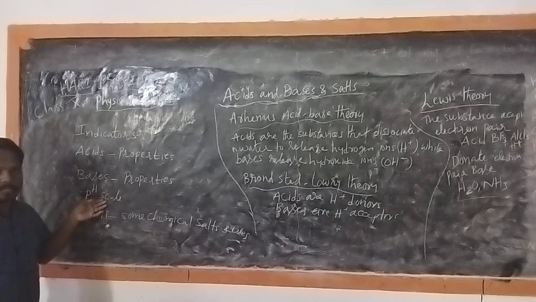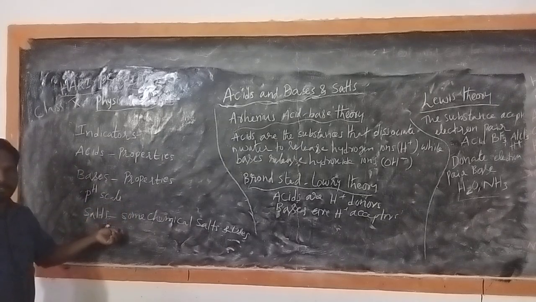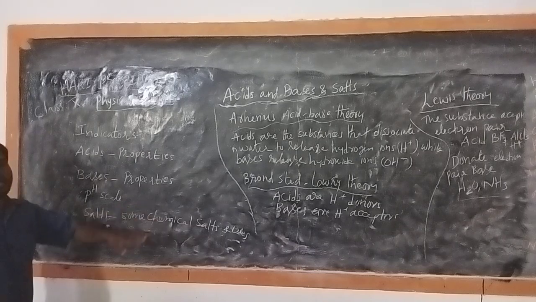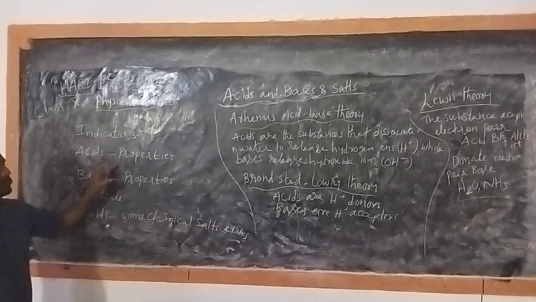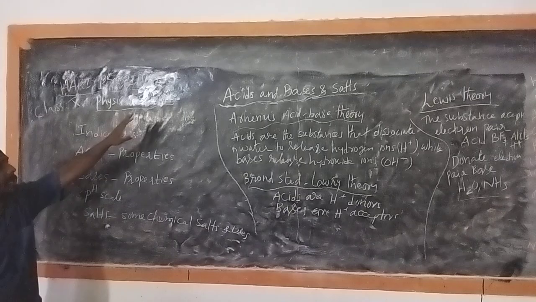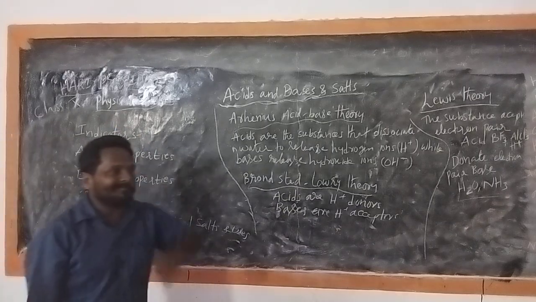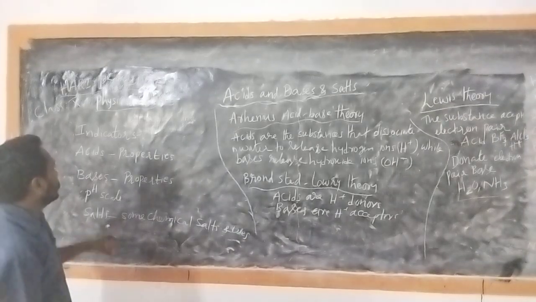Based on pH, we can determine the strength of acids and bases, strong acid or weak acid. Then salts, some chemical salts and their uses in our day-to-day life. So these are the topics we have in this chapter: acids, bases and salts.